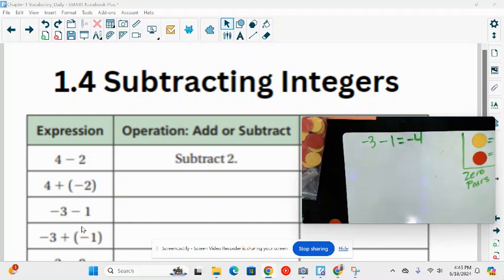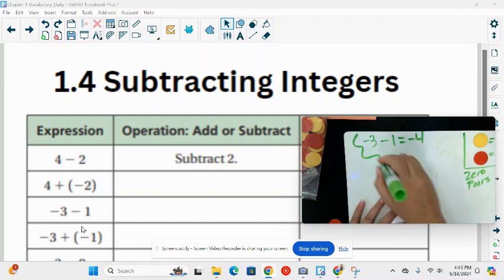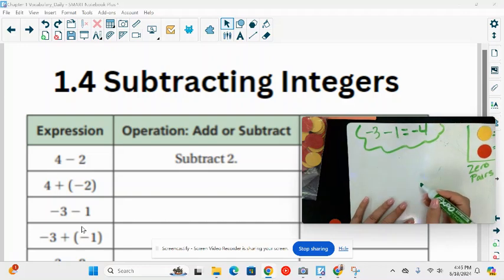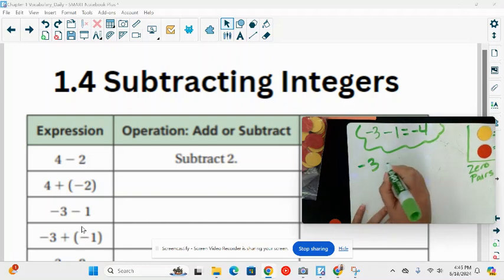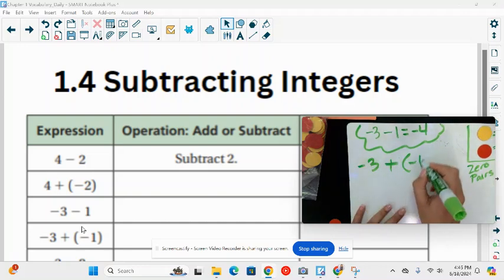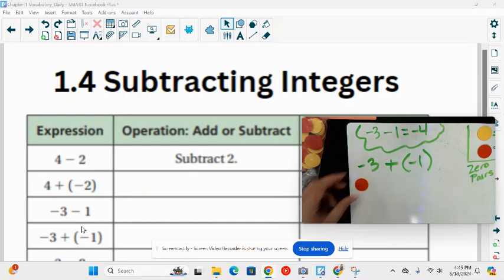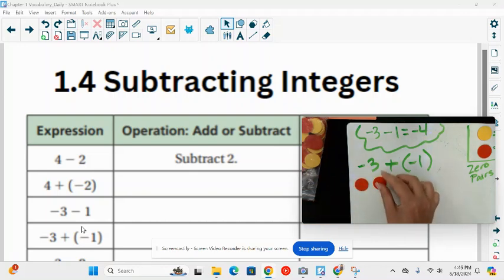Okay, so we're going to remember that. In our next problem, we have -3 plus -1. So I'm going to model that. We've got 1, 2, 3, plus a -1.